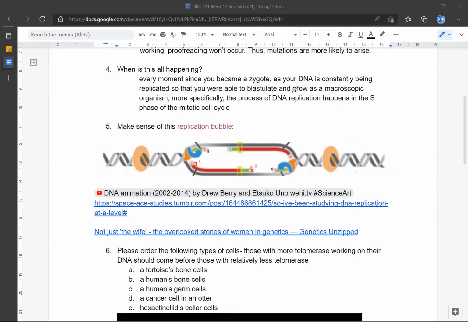It's opposite, exactly. It's anti-parallel. So if this is 5 prime and this is 3 prime, then this is 5 prime and this is 3 prime. Right? Very cool.